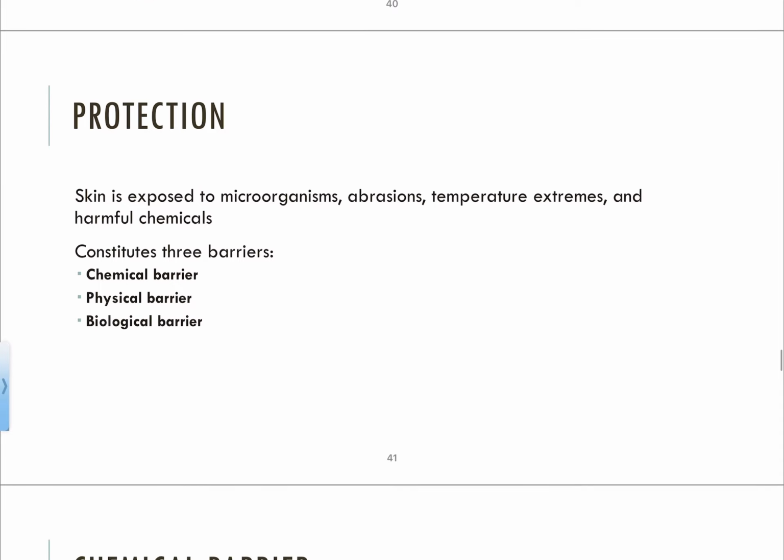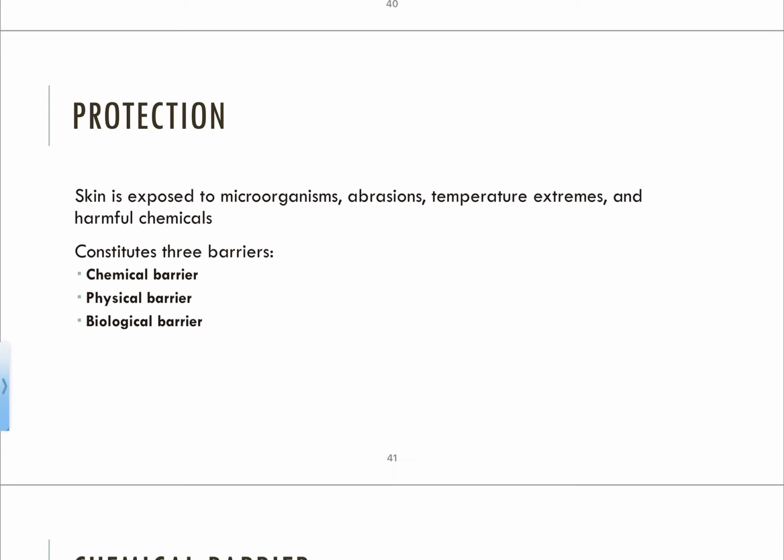So when we're talking about protection, our skin is basically constantly exposed to microorganisms. We get abrasions, something as small as a paper cut to something more severe. Different weather, so extreme temperatures, something that's really cold to something that's hot, as well as different chemicals and if we're outside a lot, UV radiation.